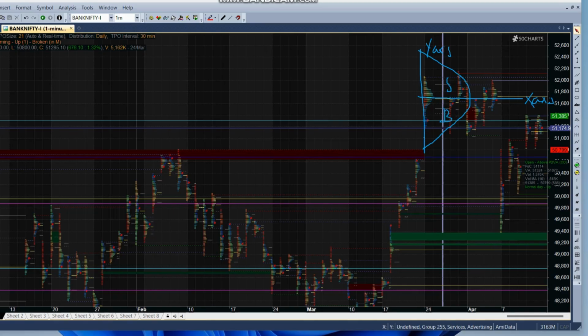Through the domination of sellers and buyers, the auction process, the transaction process between buyers and sellers, they finally form the shape of a bell curve.